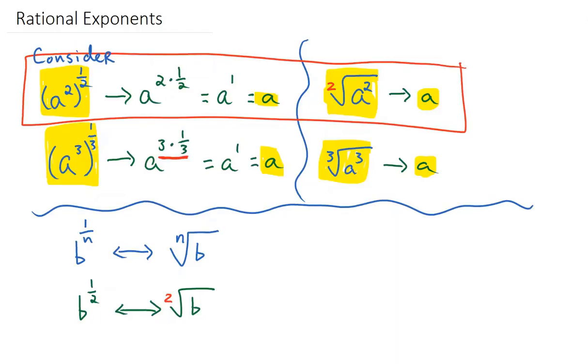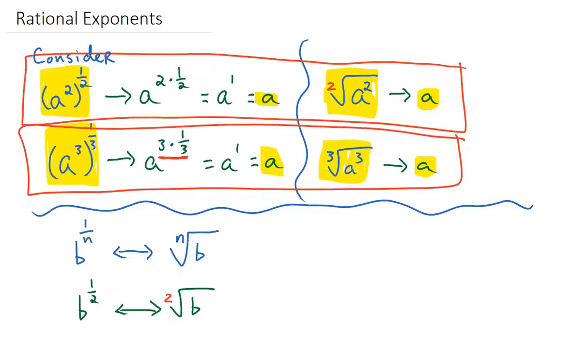If I were to take this second part and write it out in the same way, what I would be saying is that b to the 1/3 is the exact same thing as the cube root of b.